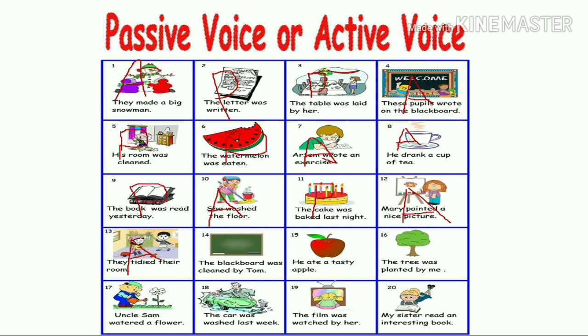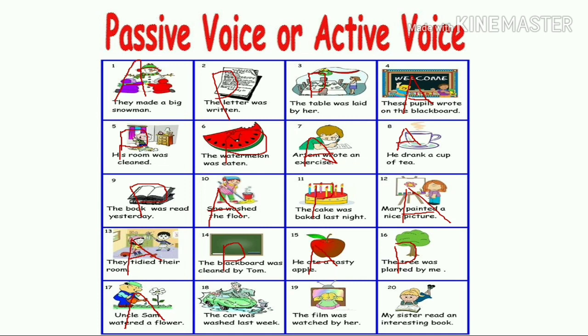The blackboard was cleaned by Tom. Passive. He ate a tasty apple. This is the active voice. The tree was planted by me. That's the passive. Uncle Sam watered the flower.